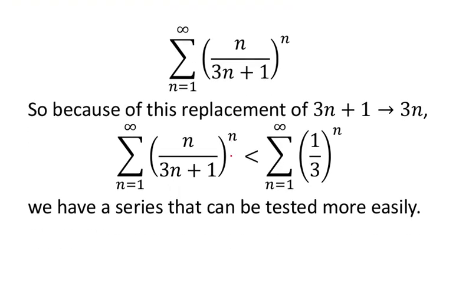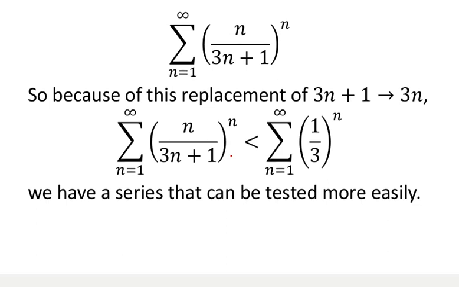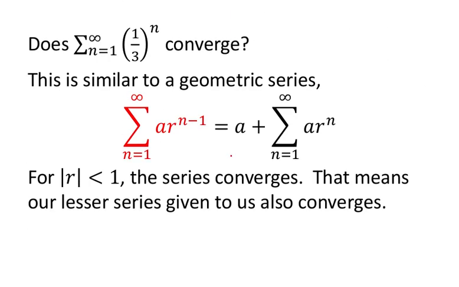And what kind of series would this be? You've seen this before. This was in a previous video. 1/3 to the n power. It's a geometric series. And r is equal to 1/3, which is less than 1. The series converges. And so that means that the series we're testing, that's always lesser than, would also converge.